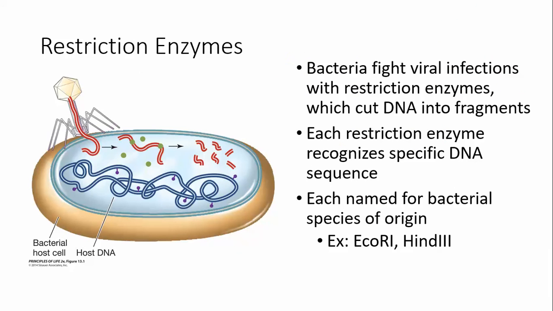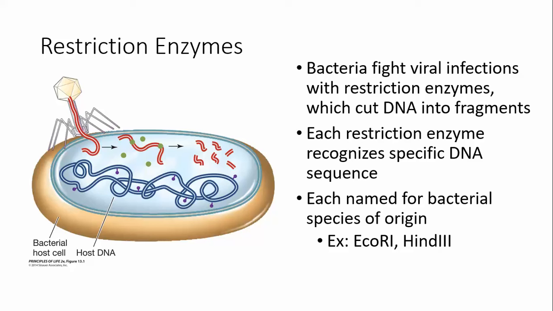But I talked about digesting or breaking down a section of DNA, and that's done with this special class of enzymes called restriction enzymes. These were originally discovered in bacteria, and that's where we find most of them. And this is a system or set of enzymes that bacteria use to try and defend themselves against viruses.